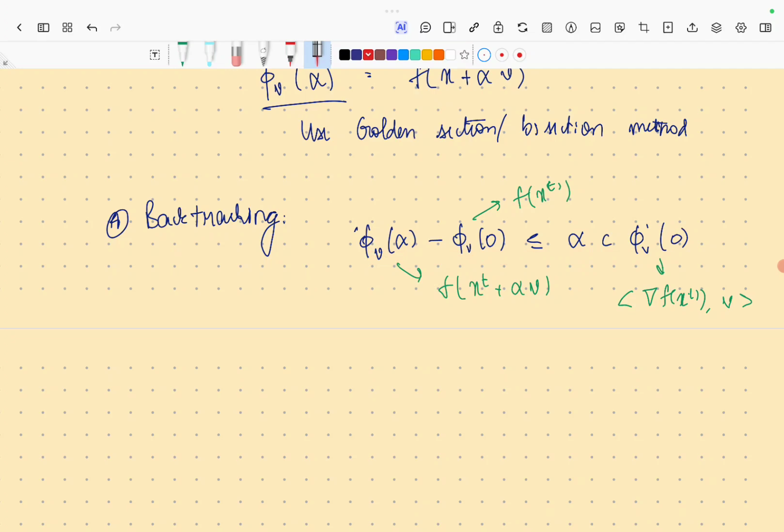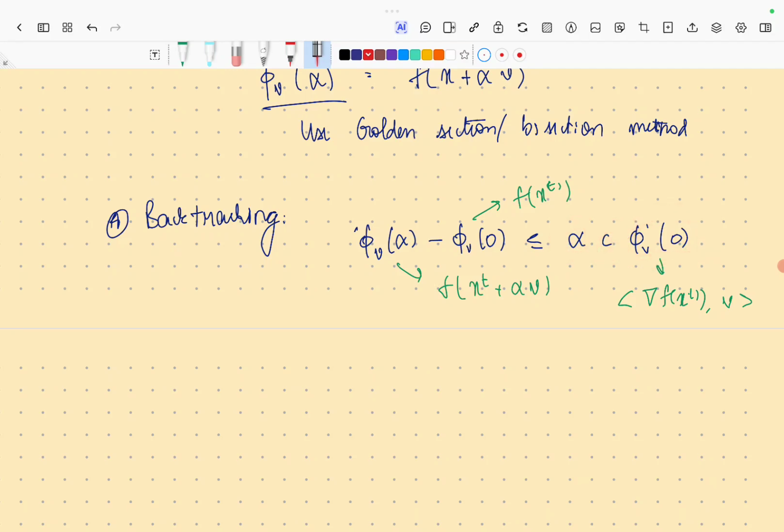So that's something that's fixed beforehand. The rate of convergence, of course, depends on C. But if C is large, so basically this phi v of 0 is something that is negative, because let's say you're moving in the direction of descent. So this quantity will be negative, this quantity is positive.